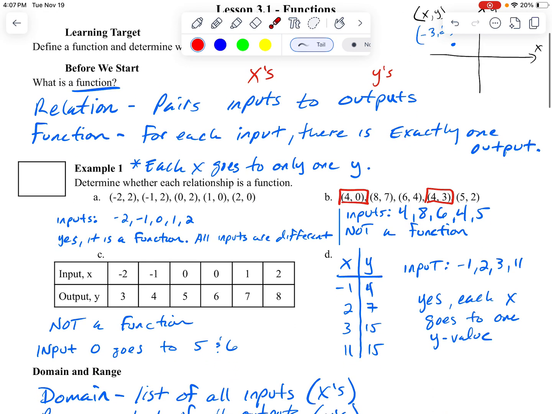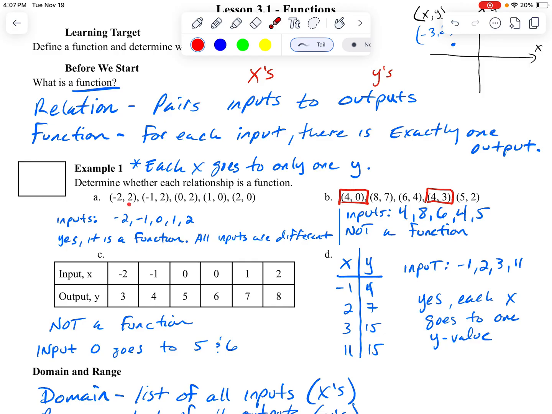For example, if we look at A, our inputs are our x values, listed here, and the outputs are the y values. If we notice this set of inputs, none of them repeat each other, so each of these x's is only going to one y value.